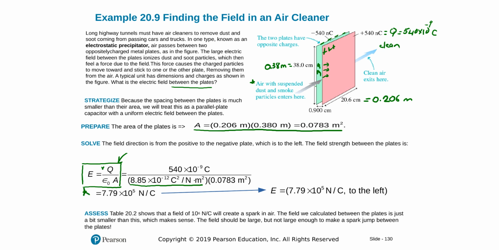We'll have 7.79 times 10 to 5 Newton per coulomb for the electric field. As for the direction, it's always from plus to minus. So this plate is overall plus, this plate is minus. Electric field will be in this direction, to the left, as described in here.